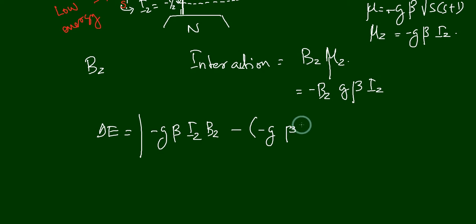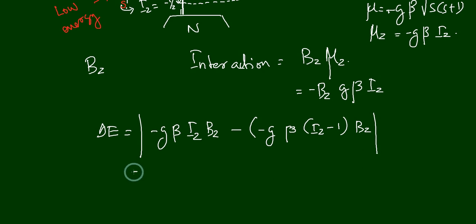the other situation corresponding to the next Iz value, that is minus of G into beta into, what about the next Iz? What is the difference between one Iz and the other Iz? That is 1. So the next Iz can be written like Iz minus 1 into Bz. You can write Iz plus 1 also. That is not going to make any difference because we are going to take the modulus of this.